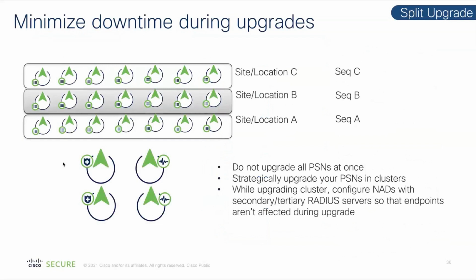Update your network access devices with the secondary and tertiary servers so that while I'm upgrading a node in a site A location in a specific sequence, the endpoints residing in that site or location A can get authenticated against site B or site C. So that's how you can actually avoid the downtime using the split upgrade option, which is a very important aspect in the production environments.